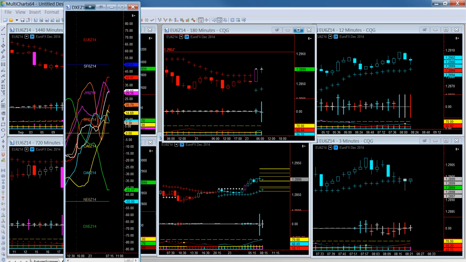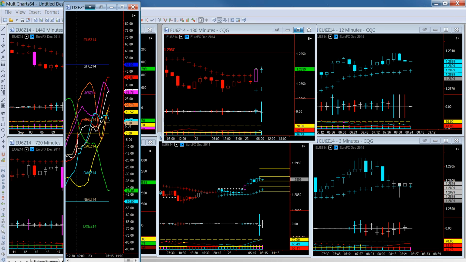It's really that simple. Wells Wilder was absolutely a genius. And that's what makes it so unique. He actually found a way to measure the magical number on any time frame, and it's called the ATR.